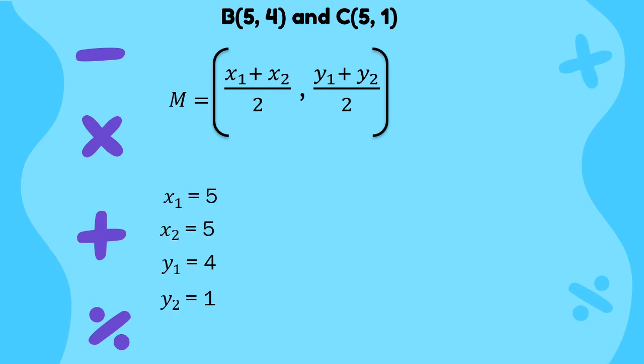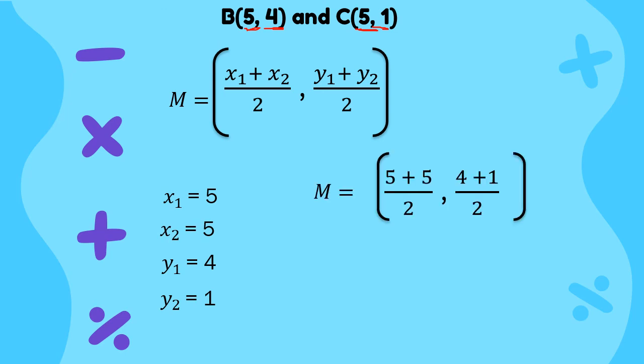So x sub 1 now is 5, x sub 2 is also 5, y sub 1 is 4, and y sub 2 is 1.